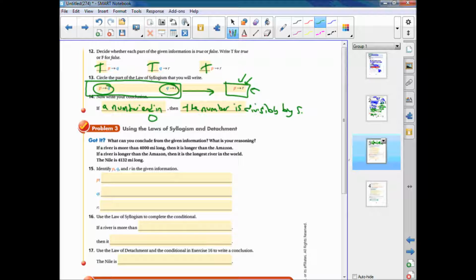So we're skipping over the number is divisible by 10 part in the middle. So this is the part we would write ourselves because this is what we can deduce. Given this information, a number ends in 0, a number is divisible by 10, and a number divisible by 10 is divisible by 5, we can put them together to deduce if a number ends in 0, it's divisible by 5. Okay? All right.